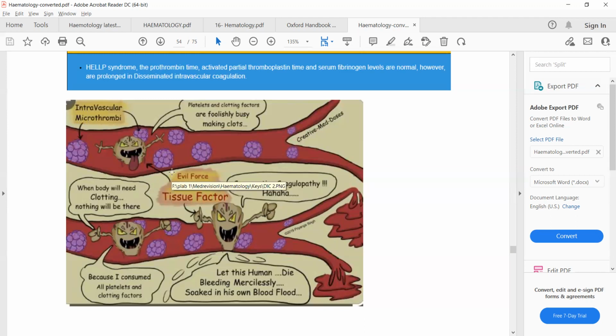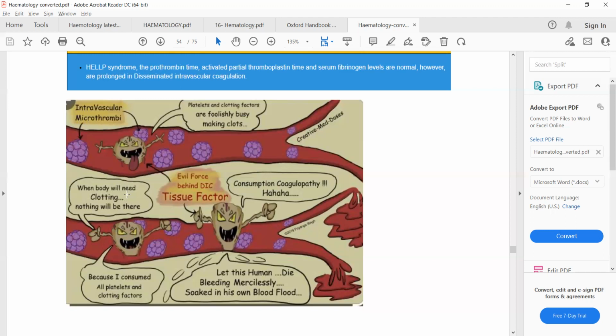all the clotting factors and platelets will be consumed. So when the body will need clotting, nothing will be there. Due to this, intravascular microthrombi, small thrombi, form throughout the microvasculature. Whenever a clot is formed, clotting factors, platelets, and fibrinogen are all consumed.